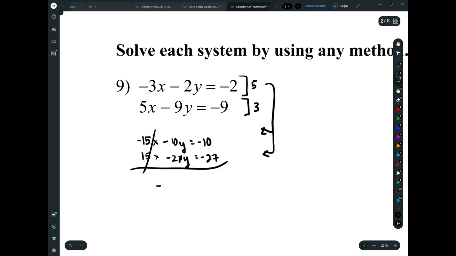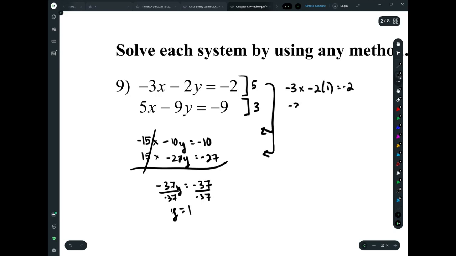We'd have negative 37y is equal to negative 37. So y is going to be equal to 1 when we divide by negative 37 each side. Once 1 is found, plug it in, find the other. Negative 3x minus 2 times 1 equals negative 2.